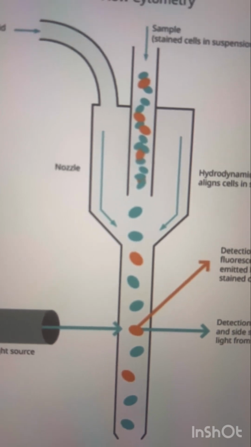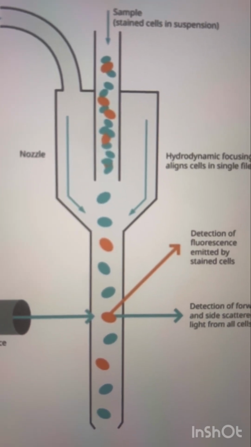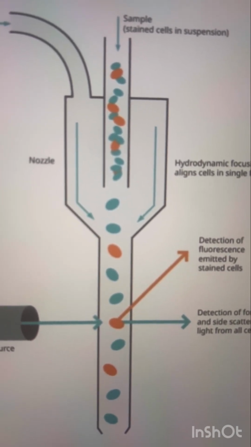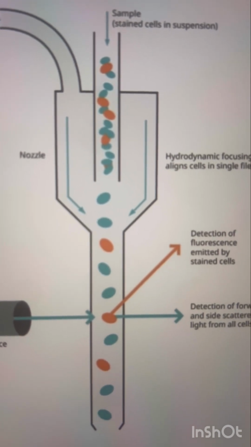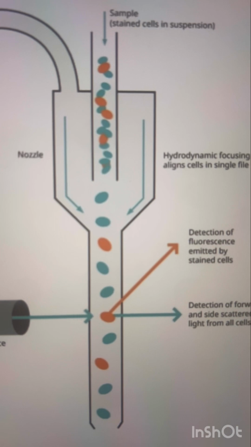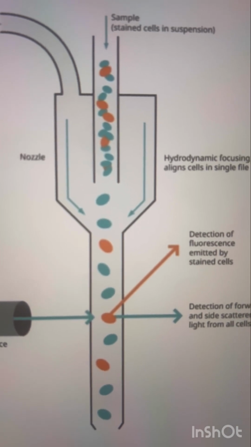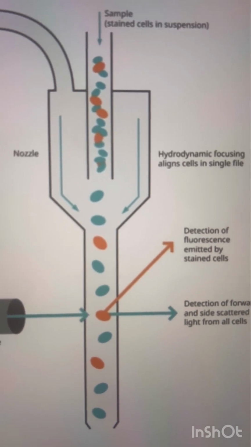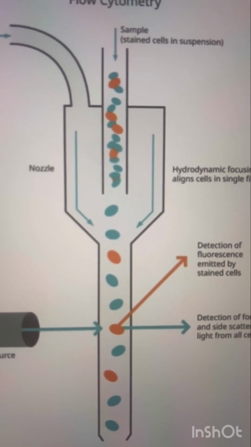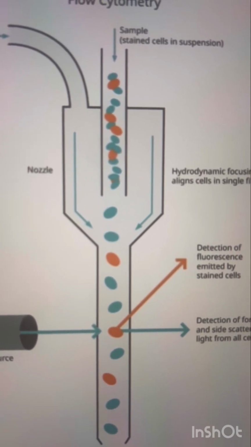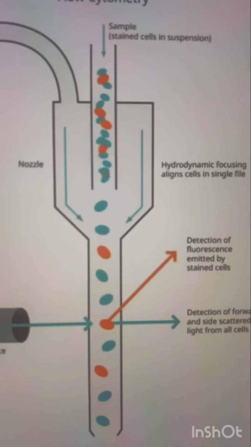That means at the center of the laser beam there should be a specific distance between two cells, and it should be the same distance between all cells, so that they can illuminate brightly and uniformly.